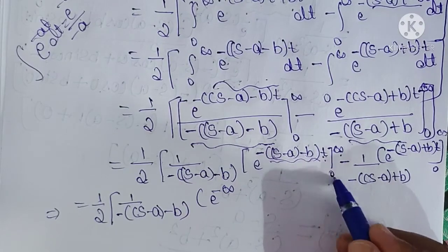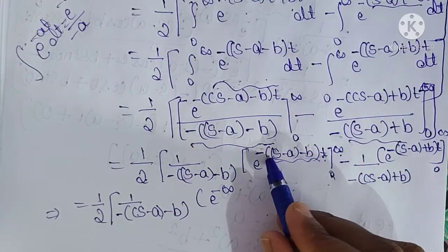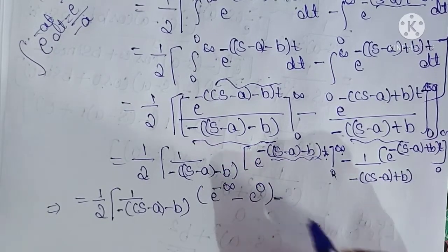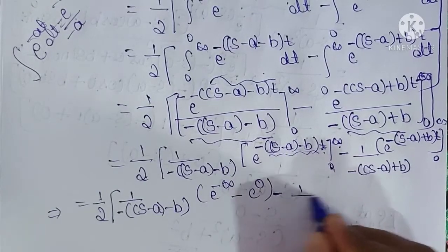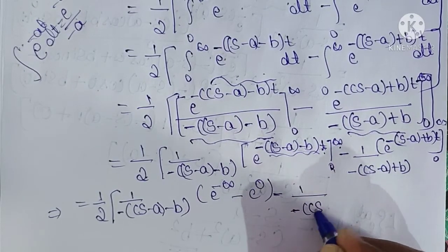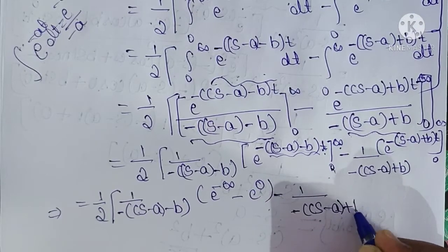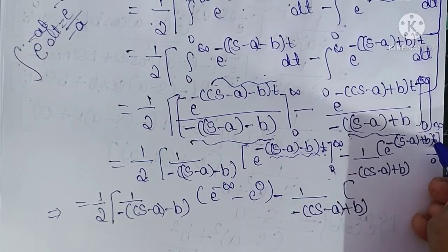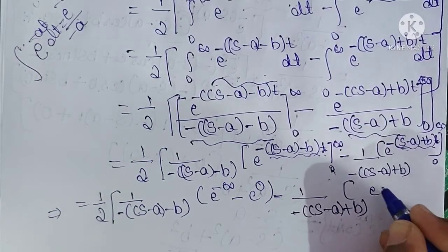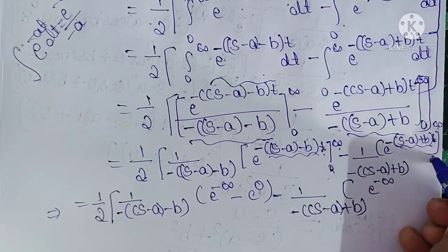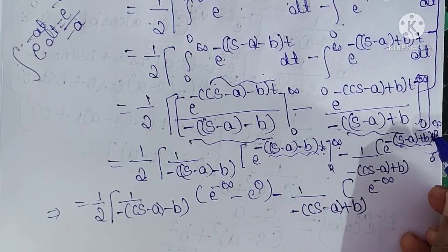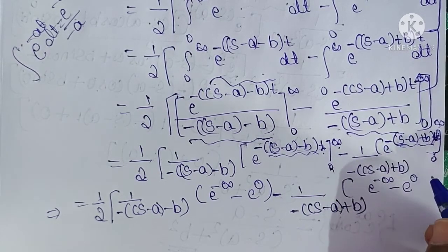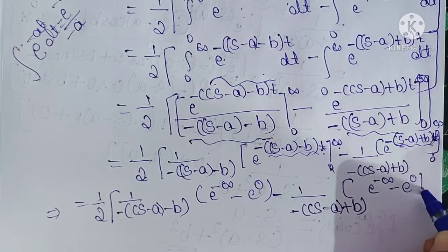If t tends to 0, if t is equal to 0 means 0 into this entire term is 0, we will get e power 0, minus 1 divided by minus s minus a plus b. Here t is equal to infinity means infinity into this entire term is infinity, we will get e power minus infinity. If the lower limit, if we substitute t, the t value is 0, 0 into this entire term is 0, we will get e power 0 or e power minus 0. E power minus 0 value is 0 only.